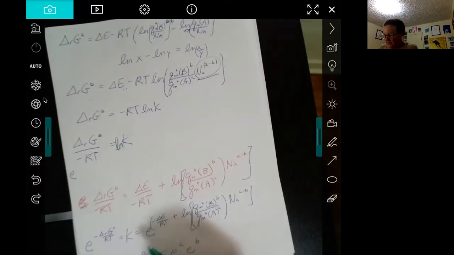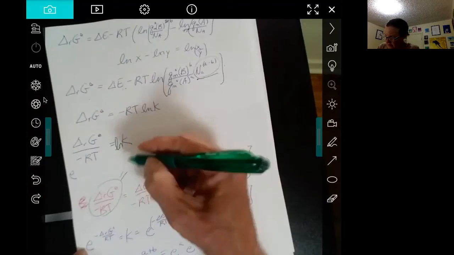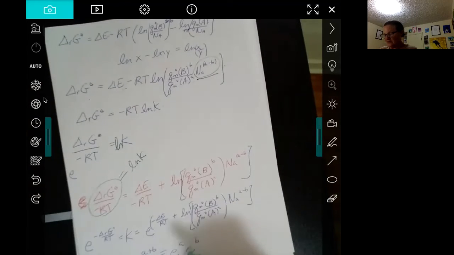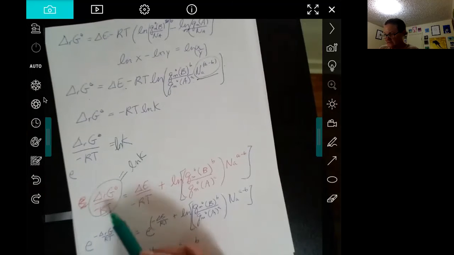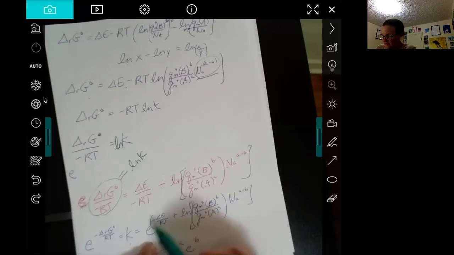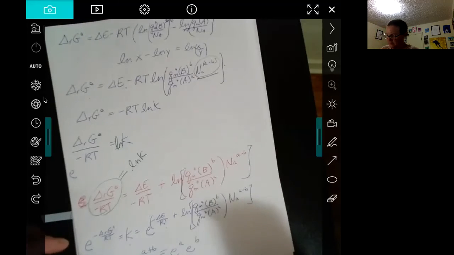And then this is also equal to ln of K. If we want to get the K out of the natural log, then we're going to take e and raise it to both sides. So e to the negative delta G standard state divided by RT is equal to K, which is equal to e to the negative delta E over RT, plus all of this stuff. So we're just raising e to both sides.